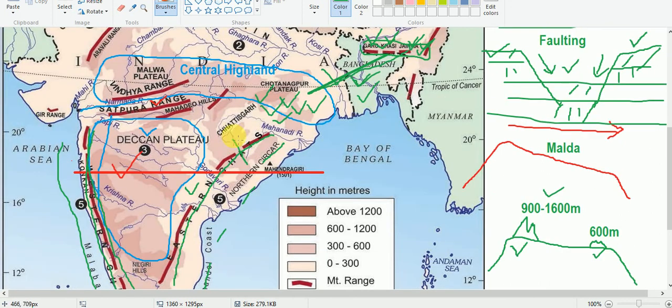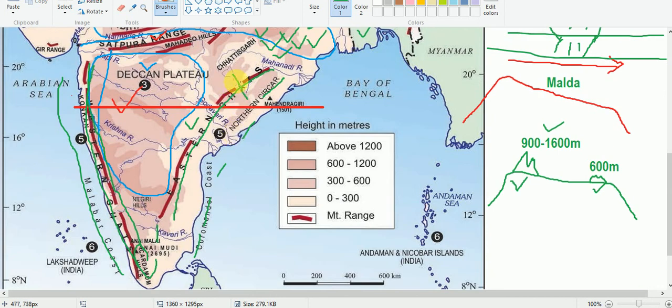As we have learned, it is broken at many places. Many rivers cut here. For example, Godavari River cuts here, then Krishna River, Kaveri River. Because of these rivers, the Eastern Ghats are broken at many places.